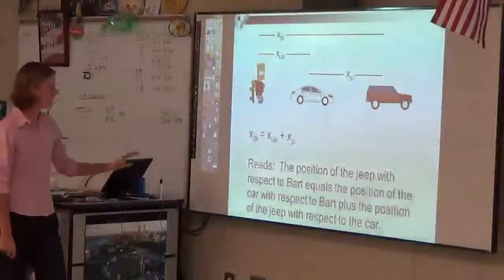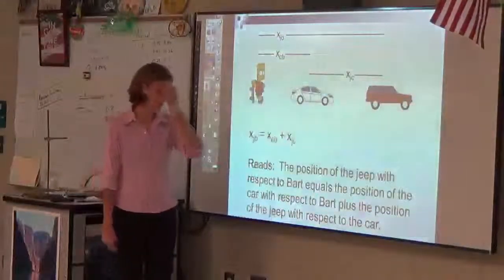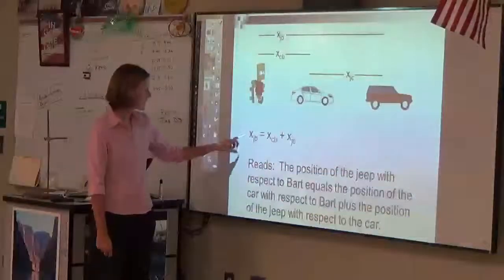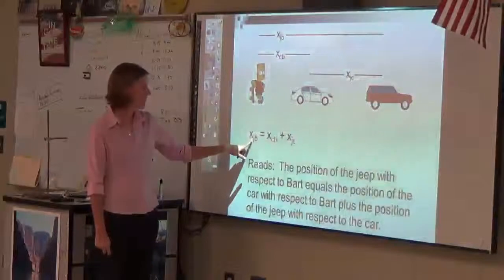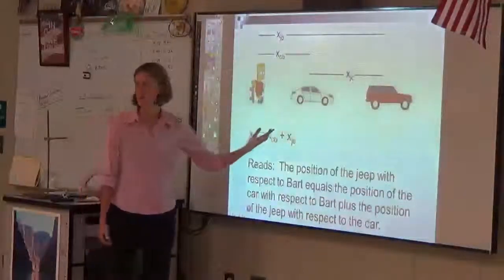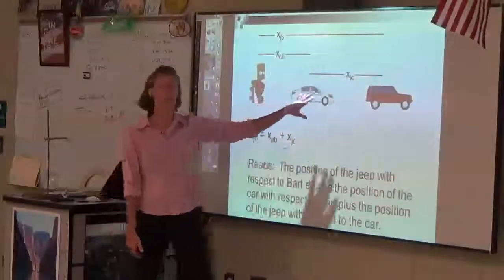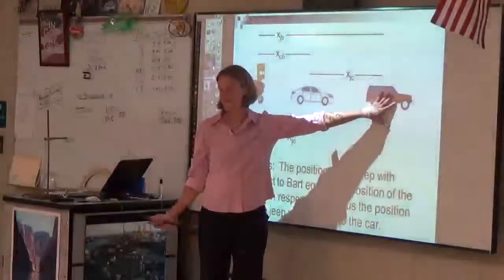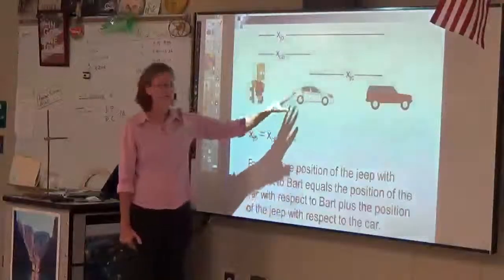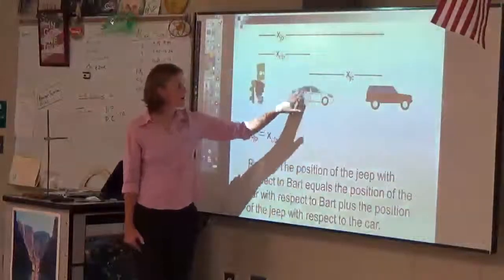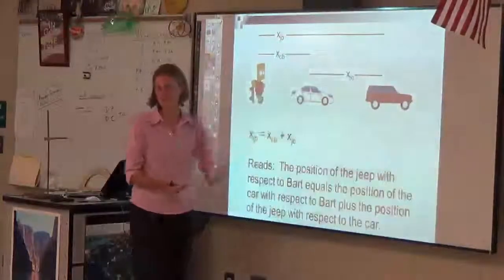So here is one basic equation. I'll give you the more generic version of it in a second. This is simply talking about position. And this should make sense. If Bart wants to know the position of the Jeep, but he can't see the Jeep, he can only see the car. If he knows the position of the car and the car knows the position of the Jeep, we can just add all that up and know the position of the Jeep.